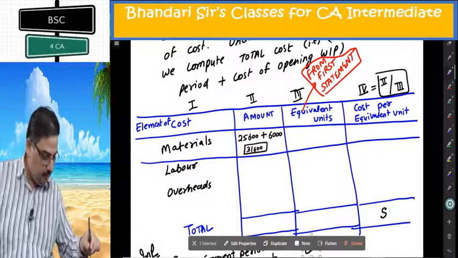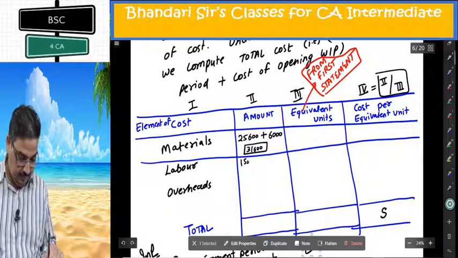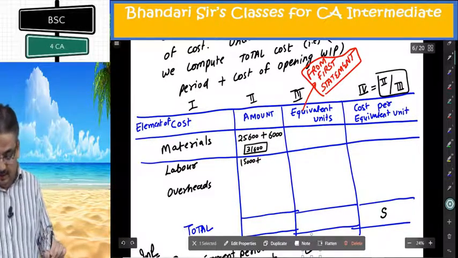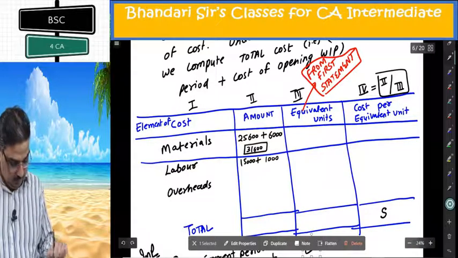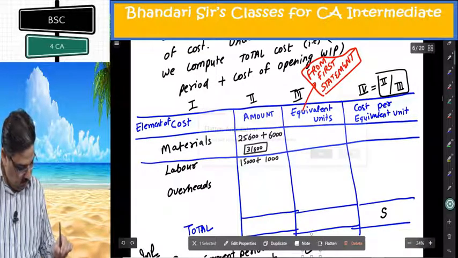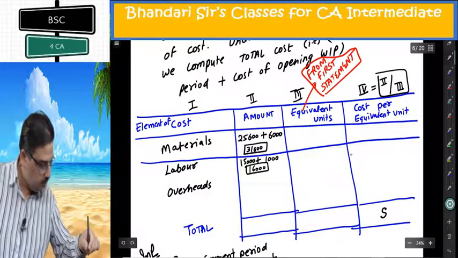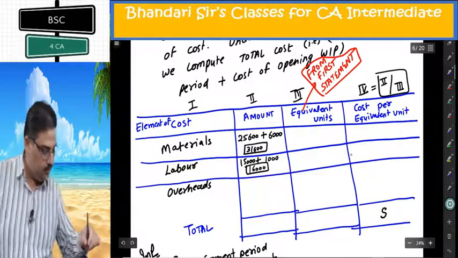In labor, current period 15,000 and opening WIP labor there 1,000 given. This is 16,000. Similarly, overheads.